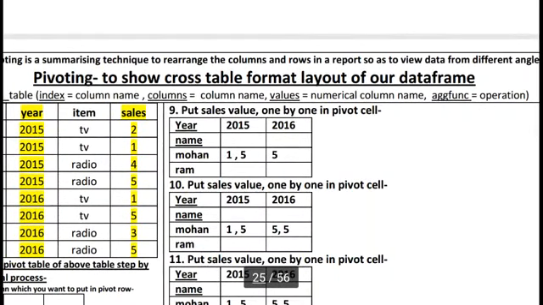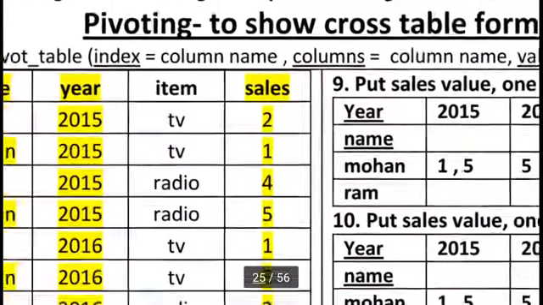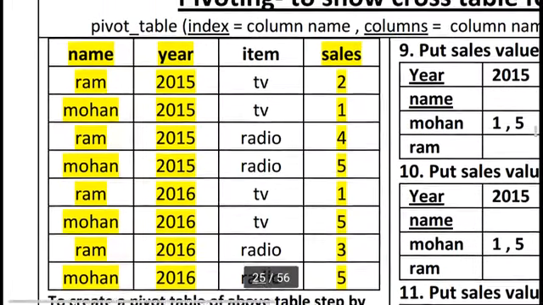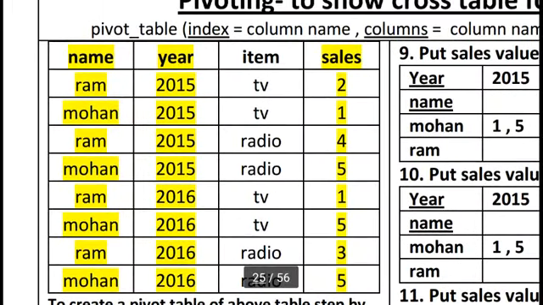We can learn this concept easily with the help of one simple example. So you can see I am taking the same example I used in sorting: name, year, item and sales. We can interpret this data as a simple story. Suppose a simple ABC Electronics company.